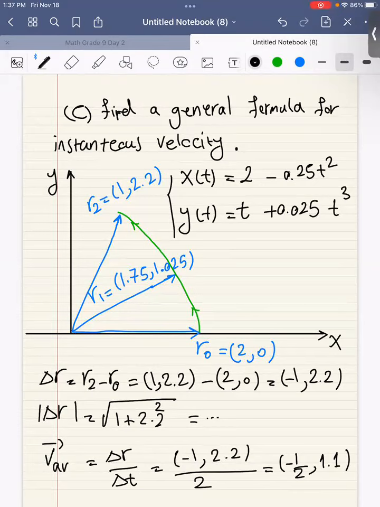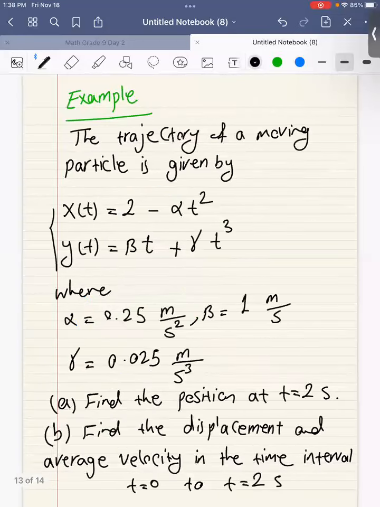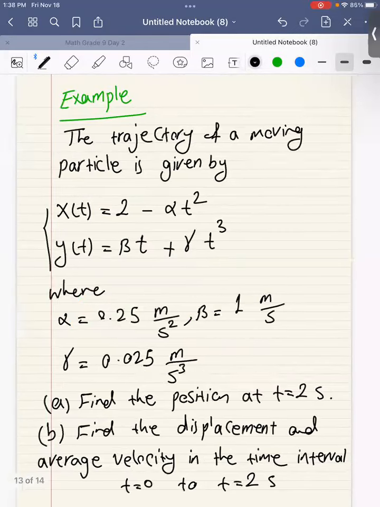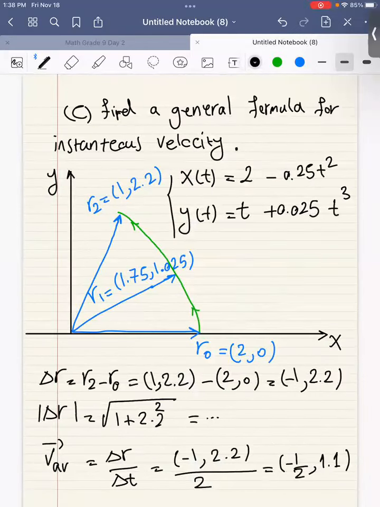Excuse me, sir. Yes. So how can you get the position of R1 and R2? Yeah, but here we need the average velocity during the time 0 to 2. That means delta R is R2 minus R0. We don't need to use R1.